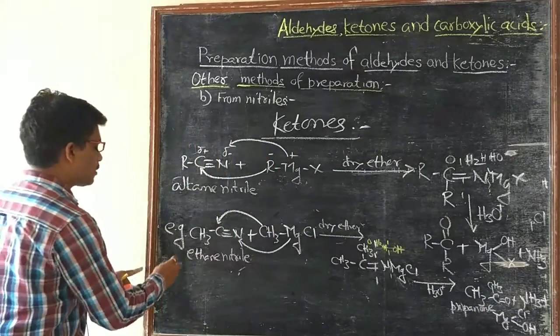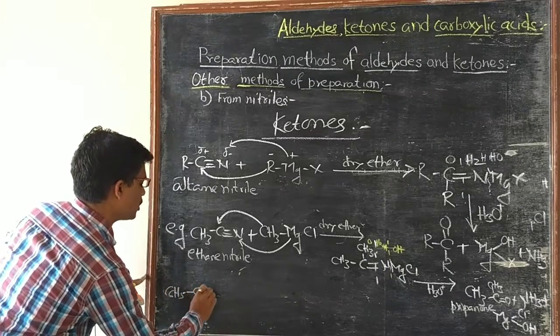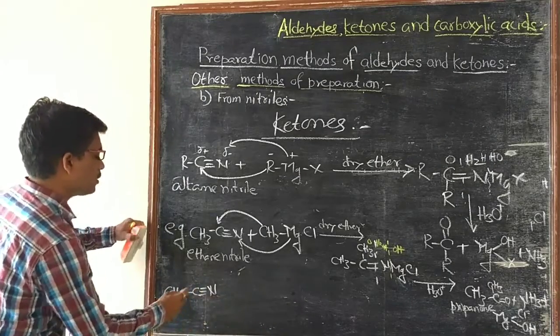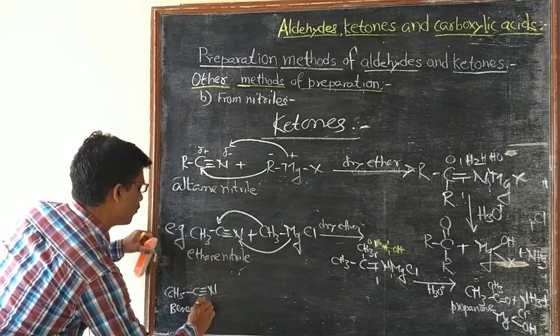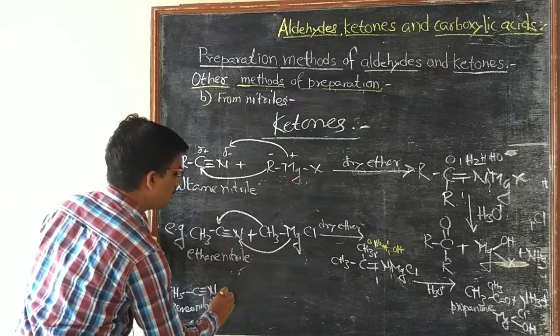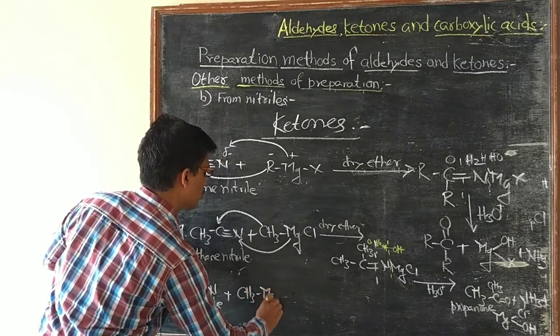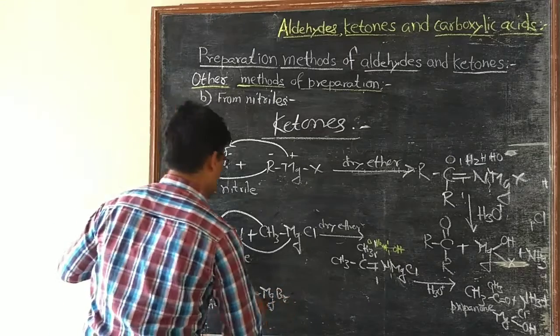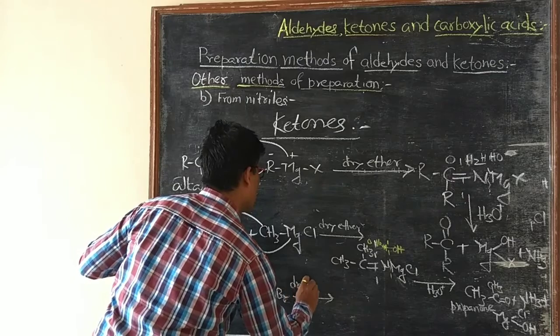Then the next example is C6H5 C triple bond N, that is benzonitrile, when treated with Grignard's reagent CH3MgBr in presence of dry ether.